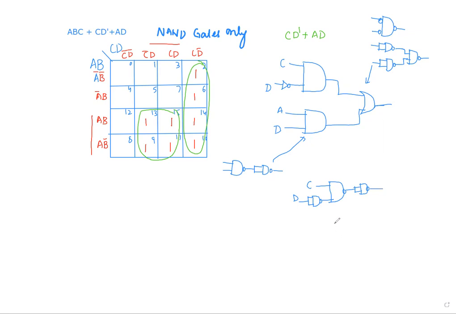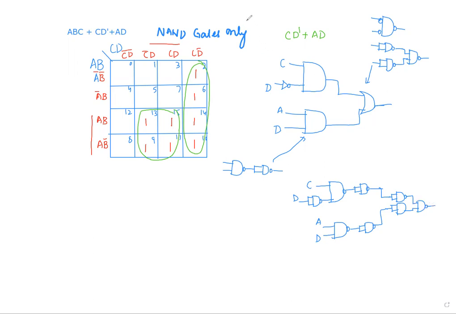After that, you are giving A, then D. Now put the same into the OR gate. The equivalent of the OR gate is this. So this is your output.